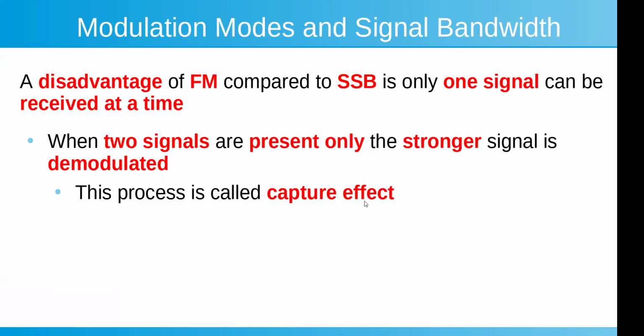One of the disadvantages, which I talked about before, of FM compared to single sideband is you can only hear one signal at a time. It's due to what they call the capture effect, the way FM demodulation works. So you only hear the stronger signal. I'm not exactly sure what happens if you have two that are the same.